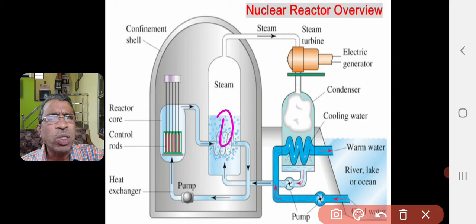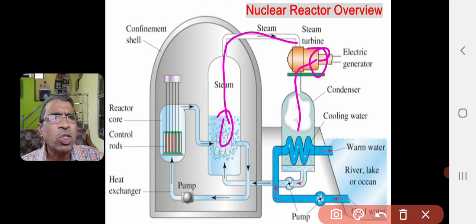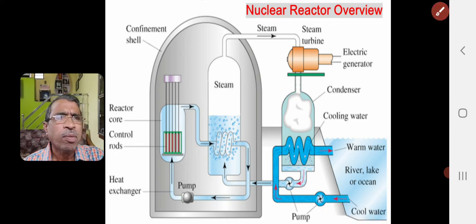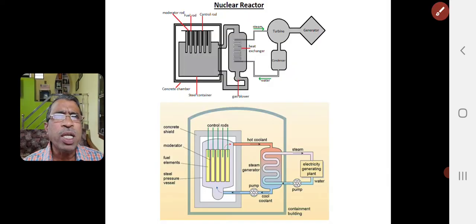This chamber produces the steam, and that steam is connected to the turbine. The turbine rotates, the water gets cooled and is once again circulated, and electricity is generated due to the rotation of the turbine connected to the electric generator. In all the nuclear reactors, here also I have shown various other nuclear reactor parts. The principle is the same.